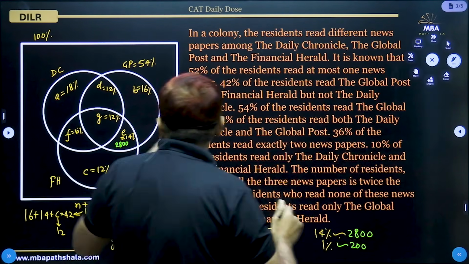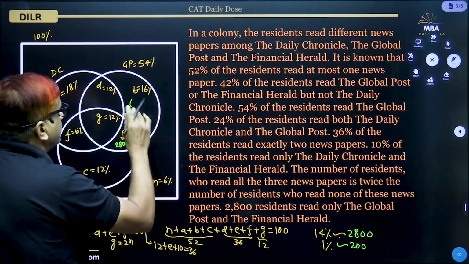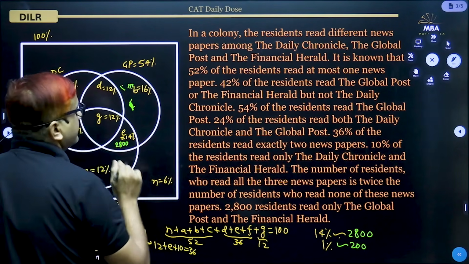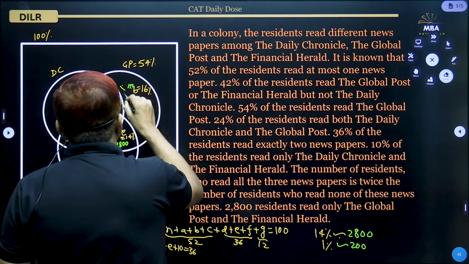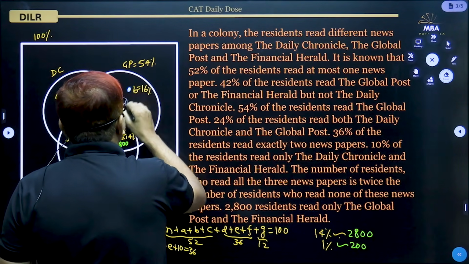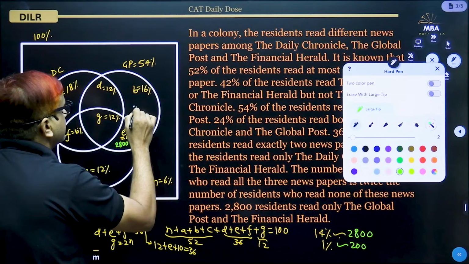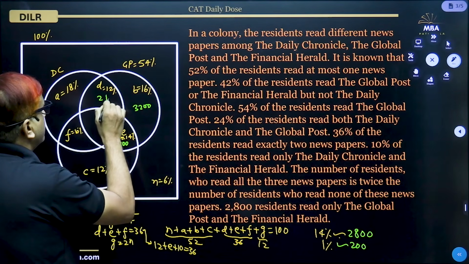So this 16%, that will become 3200. There is no need to write brackets as we are already using a different color. So this will be simply 3200. This will be 2400.